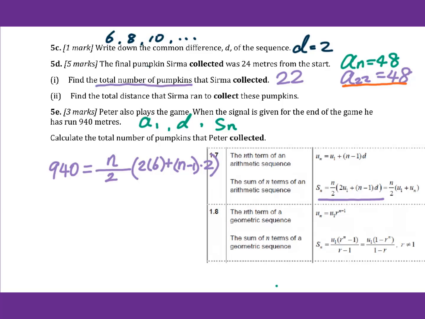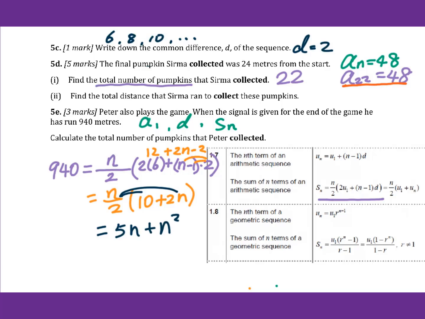Let's organize first so that we can use equation solver. n/2 times 12 plus 2n minus 2. We do the distributive property so that we get 10 plus 2n. Then we do the distributive property again. You will get 5n plus n squared. Then here's 940.